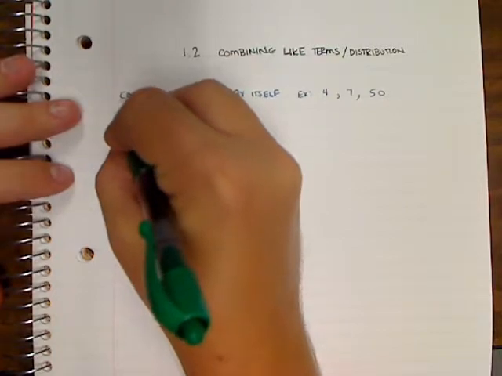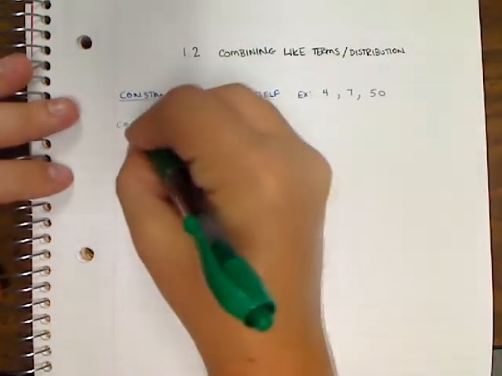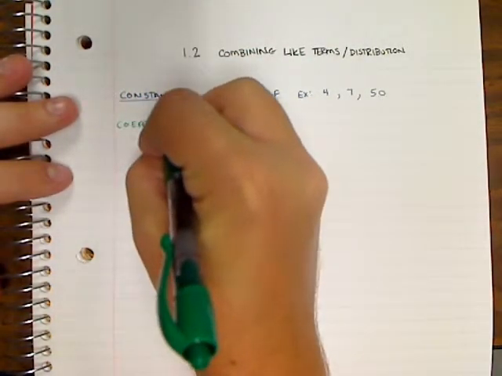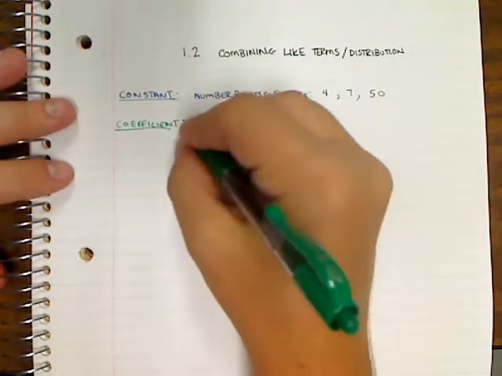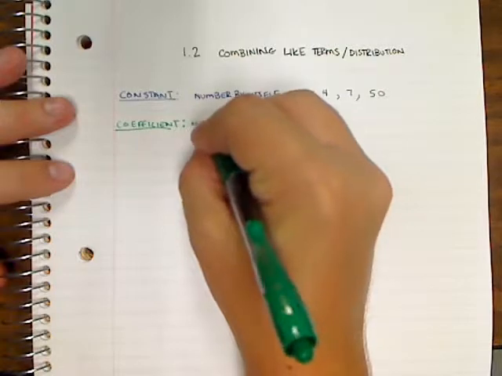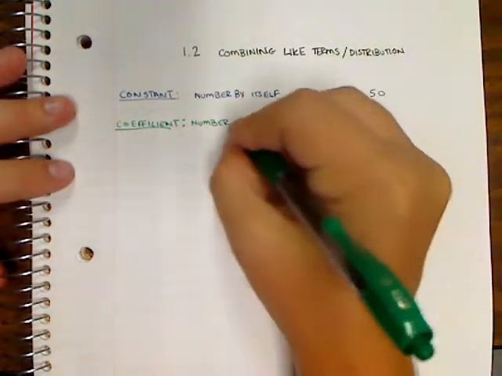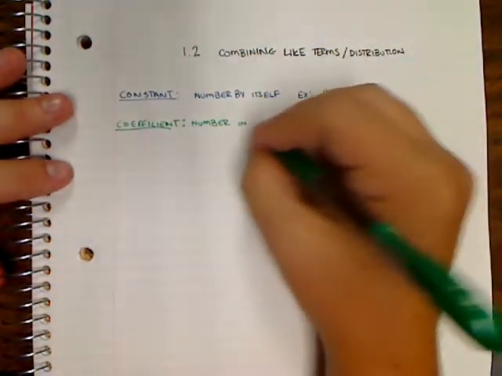And the next thing is a coefficient. Okay, a coefficient is the number in front of a variable.